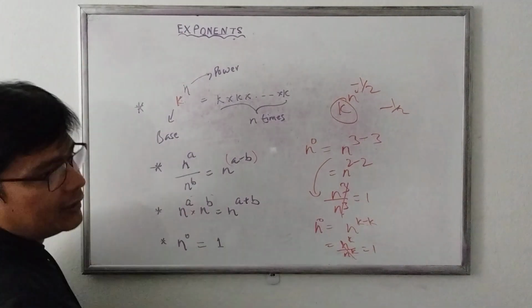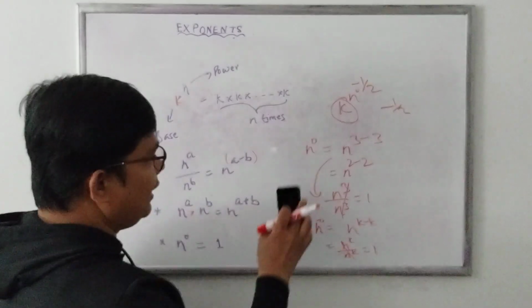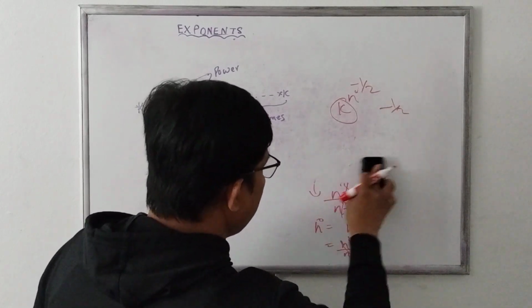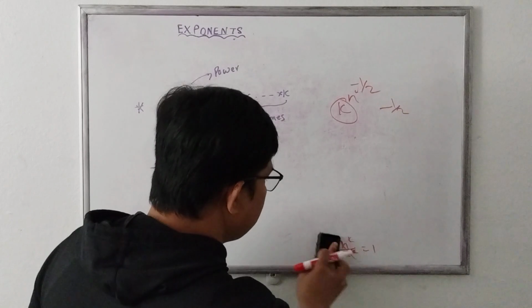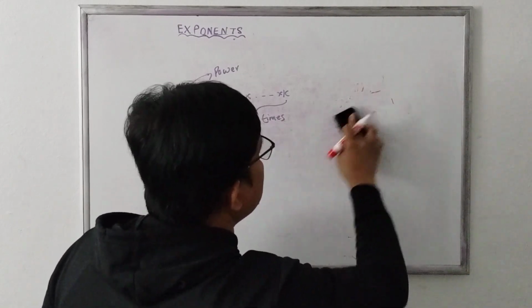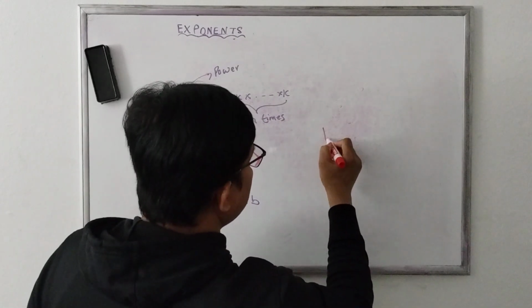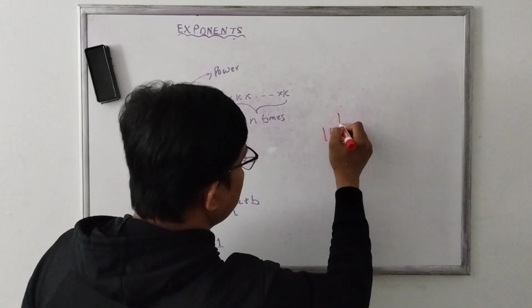Now we have one special number, 10. Let's say we have base 10 and the exponent is also 10.